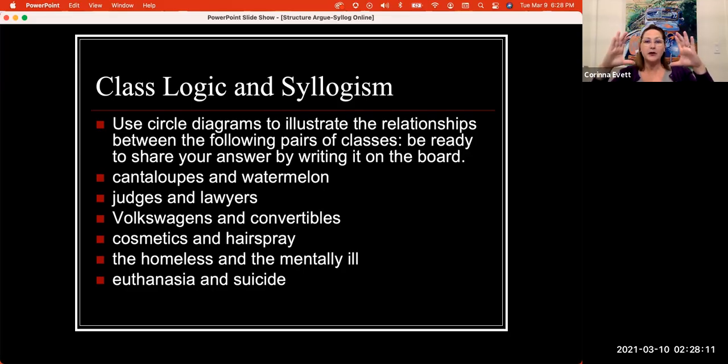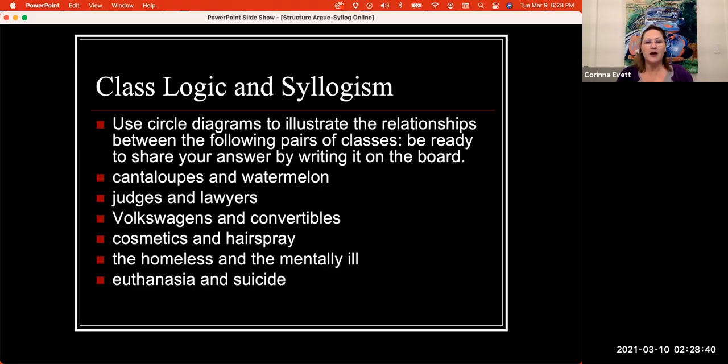So we would have lawyers on the outside circle, and then we would have judges included in the lawyers, because not all lawyers are judges, but all judges are lawyers. How about Volkswagens and convertibles? Volkswagen cars, convertible cars. That would be overlap. That's right, because some Volkswagen cars are convertibles, some convertibles are Volkswagens, but they aren't all Volkswagens, and not all Volkswagens are convertibles.